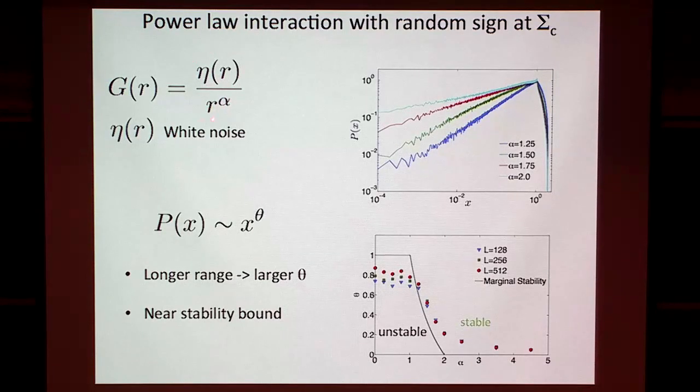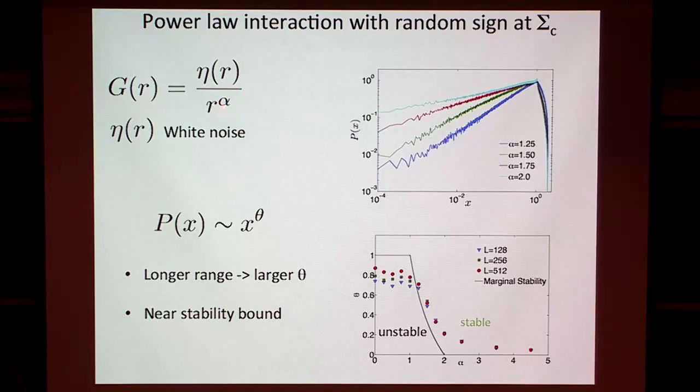Now we play with alpha, and in this model, it's very easy to measure P(x), the distribution of the distance to the local yield stress. And what we find is that indeed P(x) behaves as a power law, and that this power law exponent theta depends on the exponent alpha.